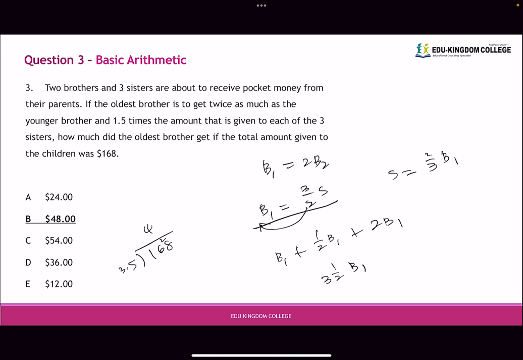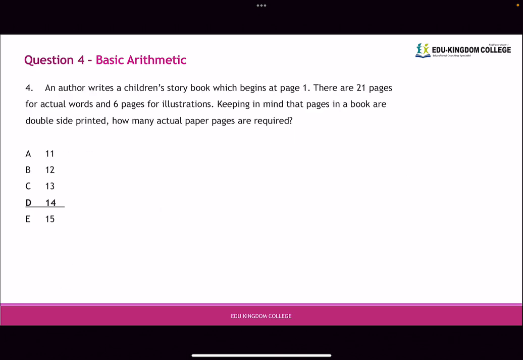Then 3.5 goes into 28 8 times. So B1 gets $48. That's how much B1 gets. So how much did the oldest brother get? Conveniently, we've answered the question. B1 gets $48 per week.